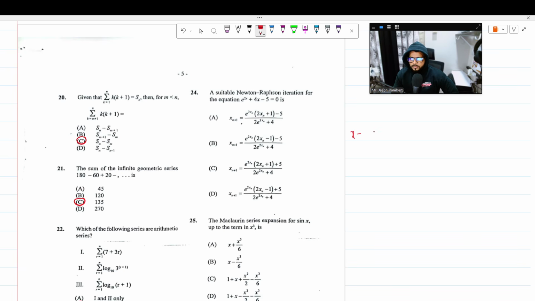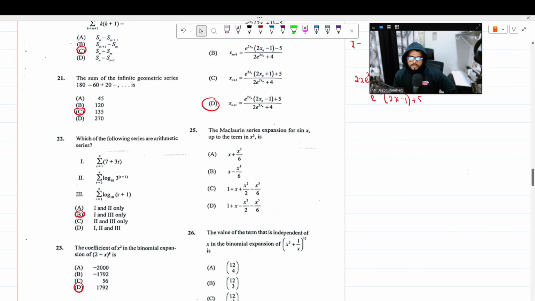X take away the function e to the 2x plus 4x minus 5 over the derivative of the function, which is 2e to the 2x plus 4. 2x e to the 2x plus 4x minus e to the 2x minus 4x plus 5, e to the 2x into 2x minus 1 plus 5 over 2e to the 2x plus 4. The answer is D.